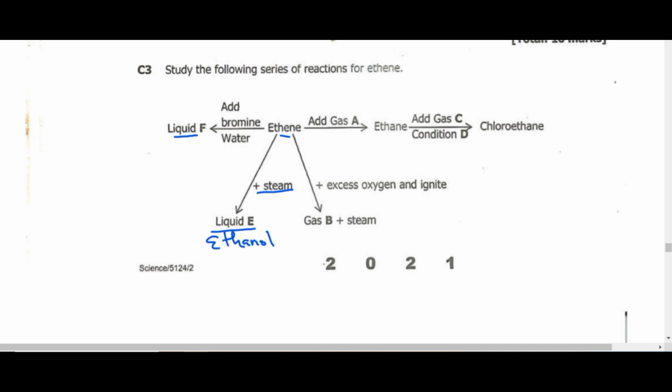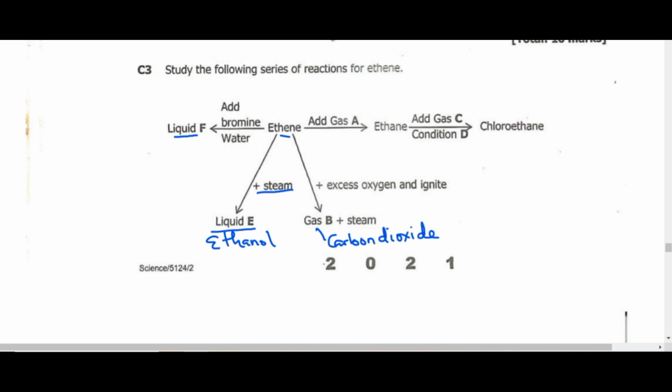So ethanol will be produced here, that is liquid E. And then the gas which will be produced here, which is B. Obviously once this reaction happens, the gas which will be produced is carbon dioxide.